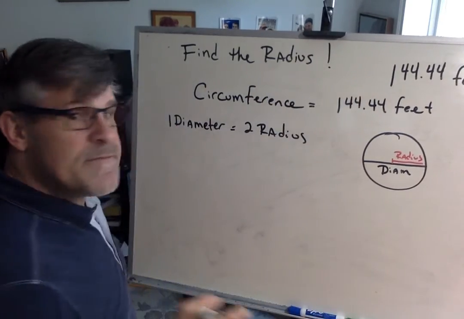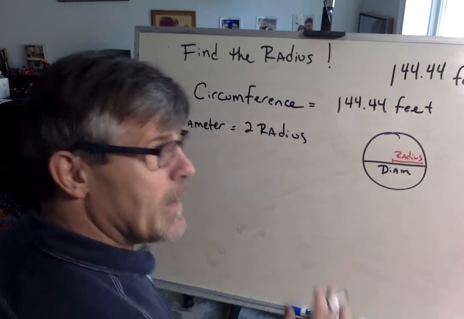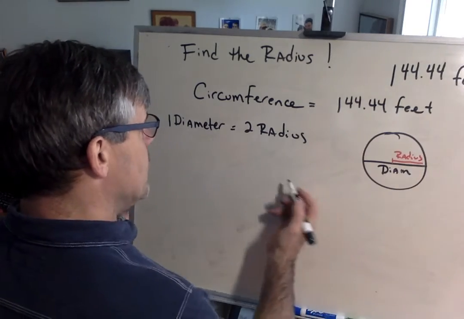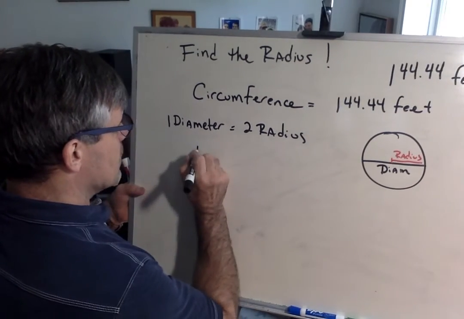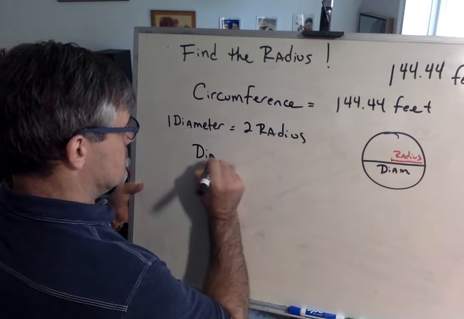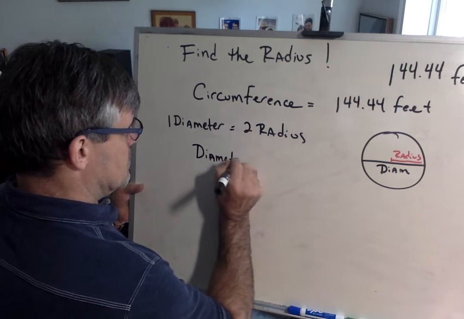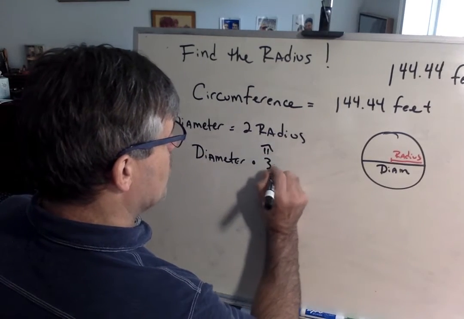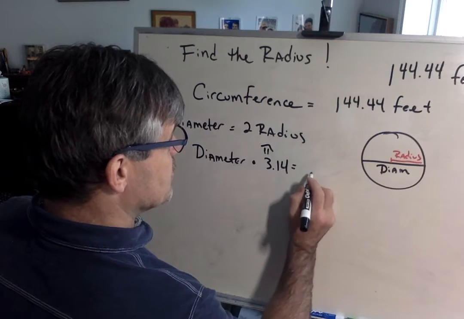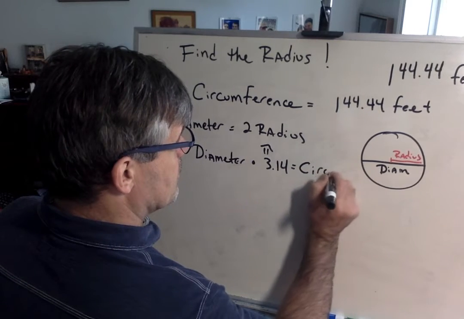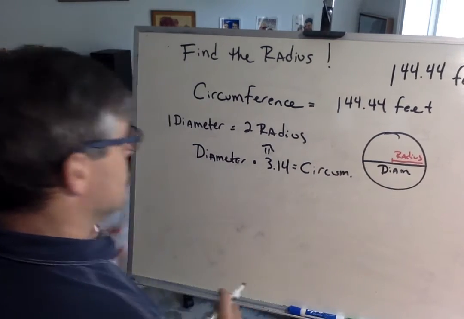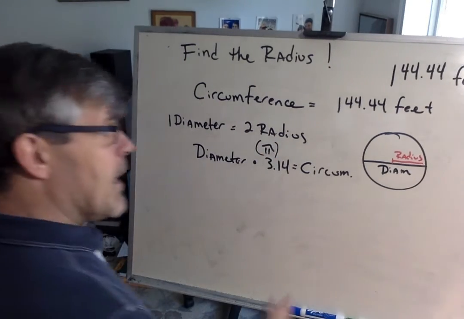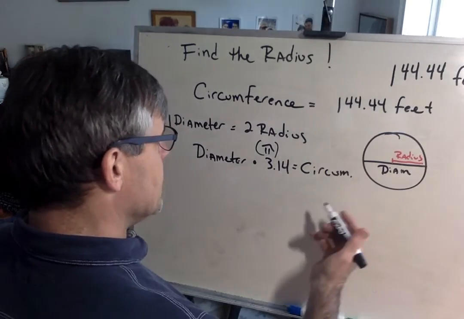So I can find diameter simply by dividing this by pi, because we know that diameter times pi, or 3.14, is equal to circumference. Diameter times 3.14, or pi, is equal to circumference. And I want to find out the radius.